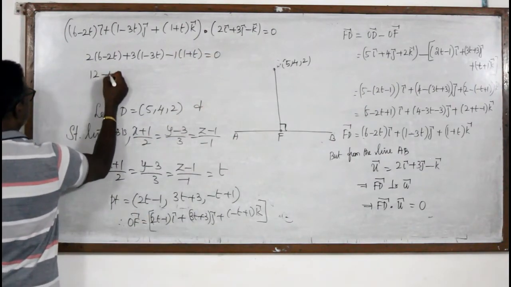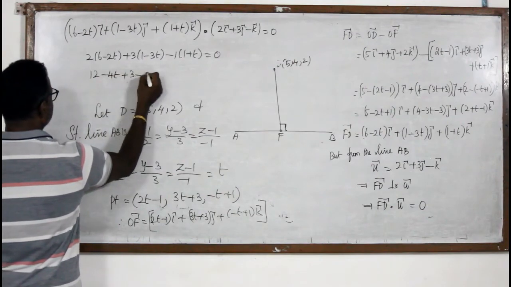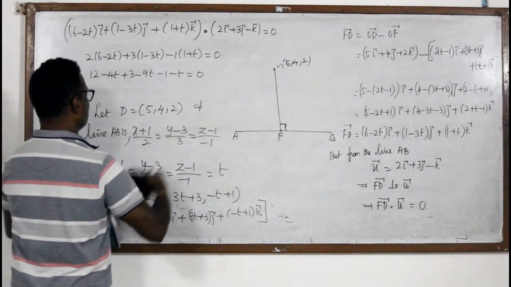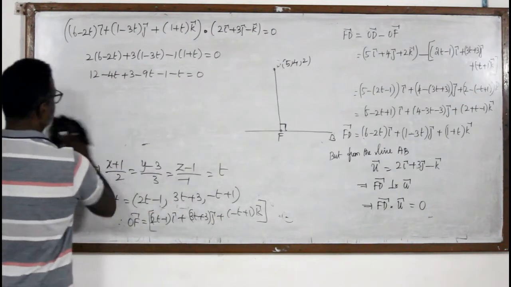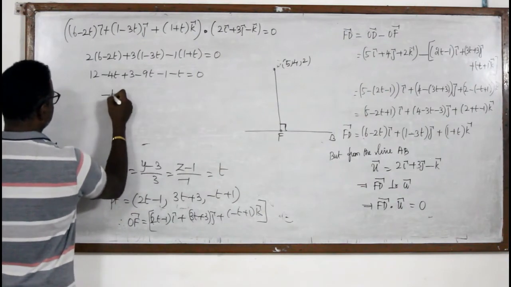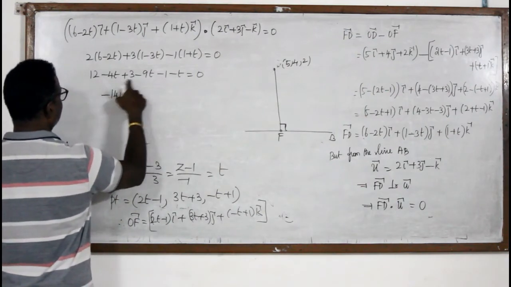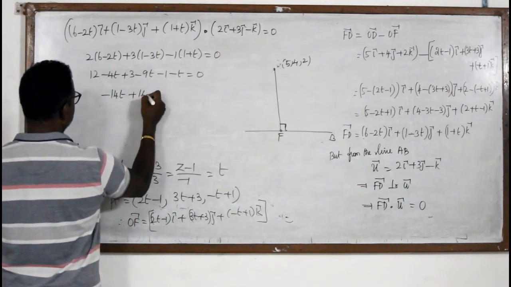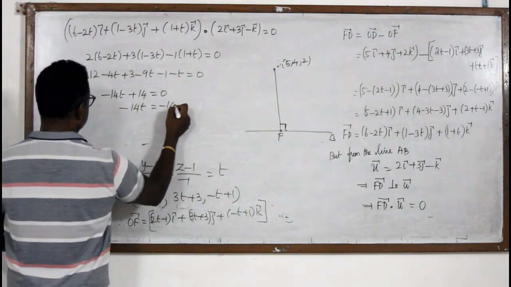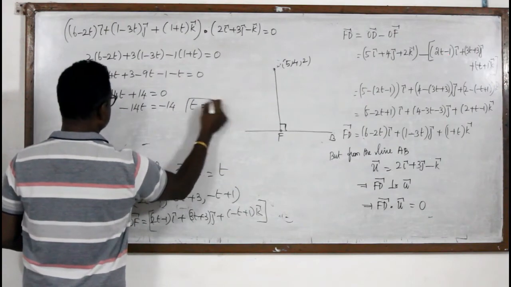That is 12 - 4t + 3 - 9t - 1 - t = 0. It is -4 - 9 - 1 is -14t, and 15 - 1 is +14, equal to 0. So -14t = -14, t = 1.